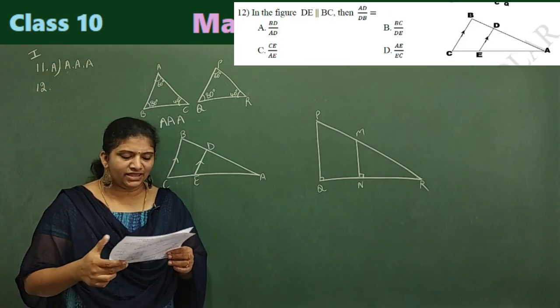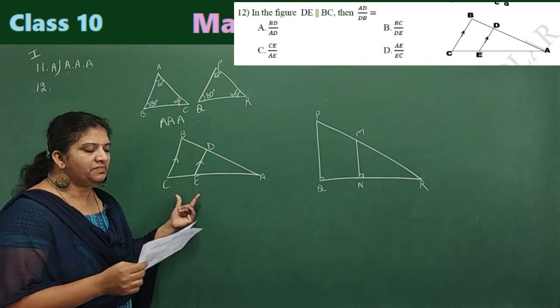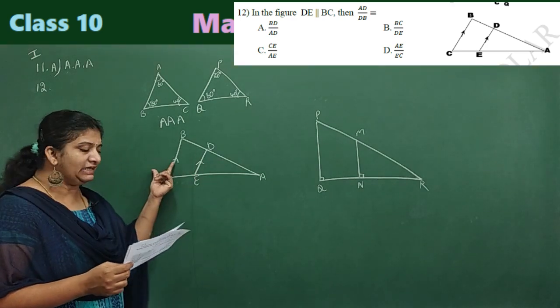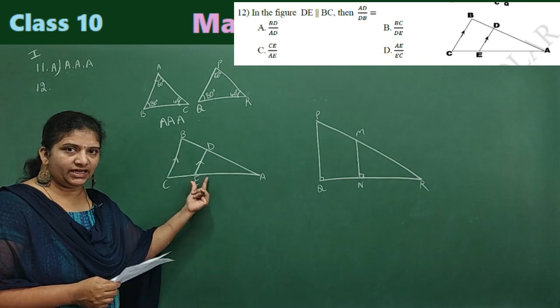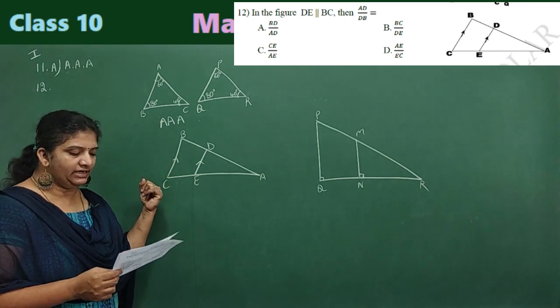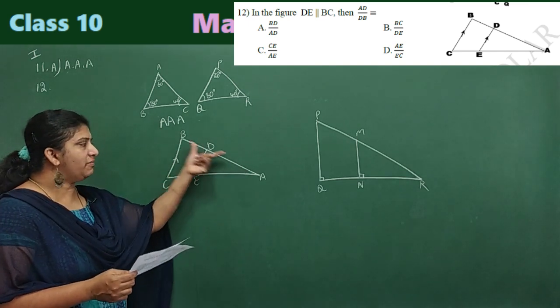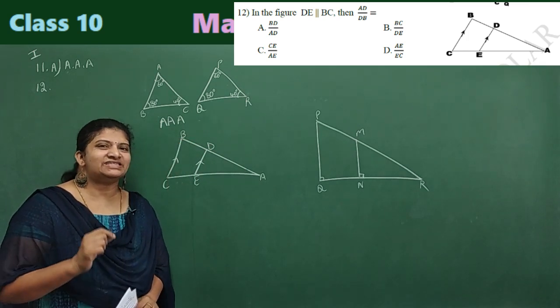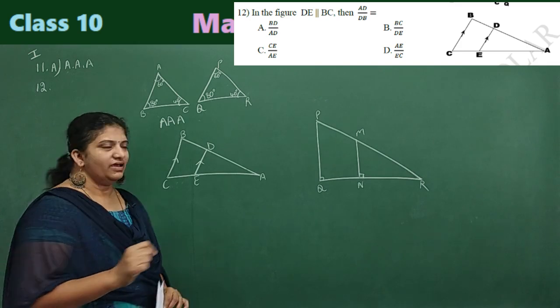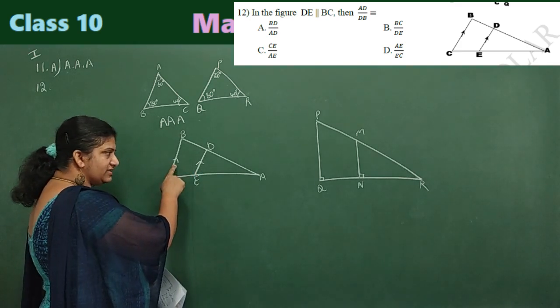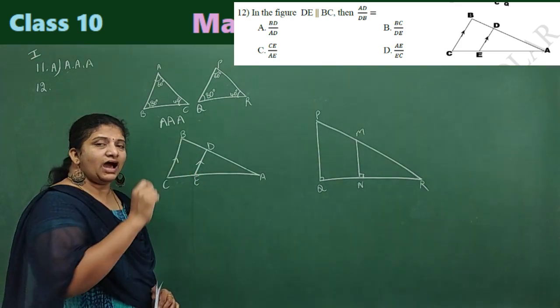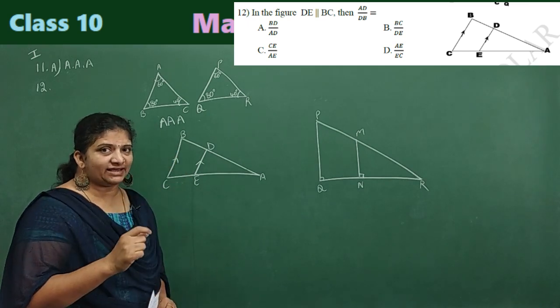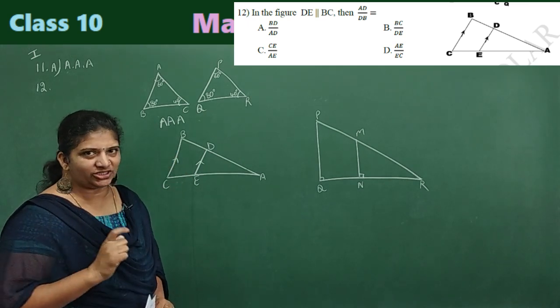12th one. In the figure, you can see the figure. DE parallel to BC. Then AD by DB is equal to. What do you remember now? Basic proportionality theorem. If this line is parallel to this line, what can you say? The other two sides of a triangle are divided in proportion.